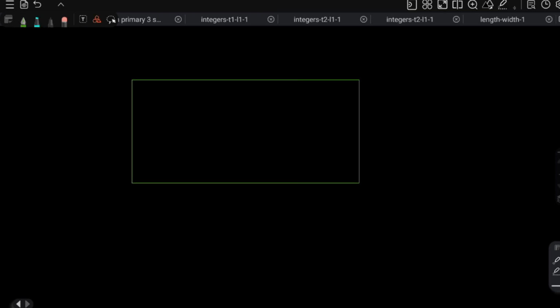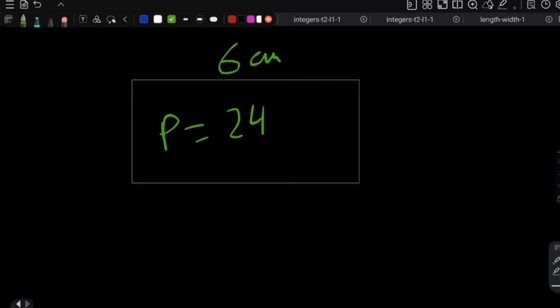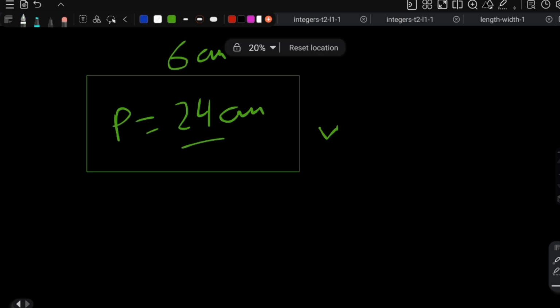Okay, so if I have a missing side, if I told you that the perimeter here is 24 and this side equals 6 centimeters, I need the width. Okay, so he gave me the length and he asked me about the width, and gave me the perimeter. Okay, so I will ask you a question.